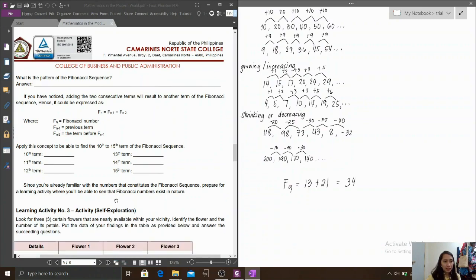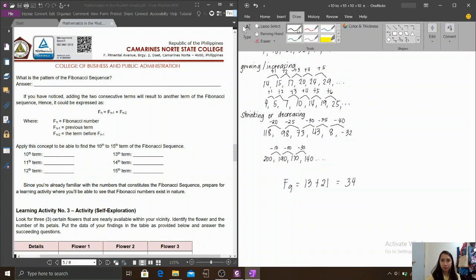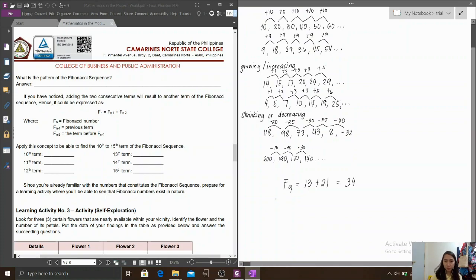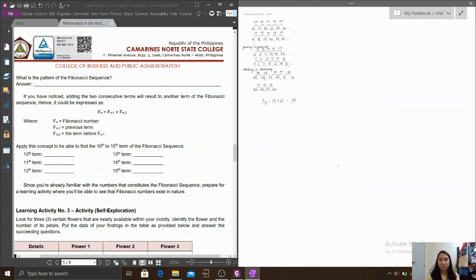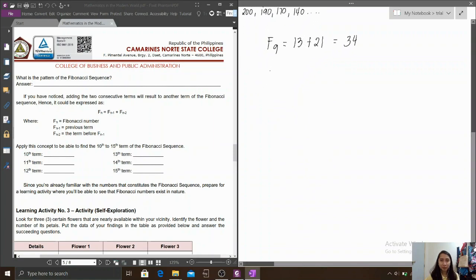So, apply this concept to be able to find the 10th to 15th term of the Fibonacci sequence. So, for f sub 10, we have f sub 9 plus f sub 8.